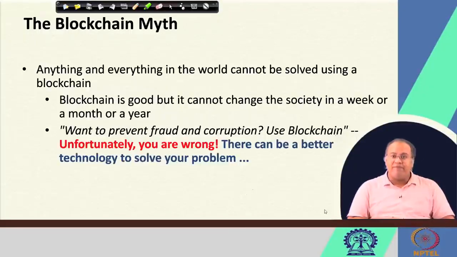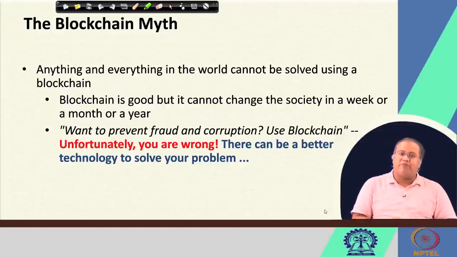And at the same time, the second myth that we have around blockchain is that anything and everything in the world can be solved using blockchain. I keep hearing this kind of statement that whenever there is fraudulent activity or corruption, we can possibly utilize blockchain to solve that fraud or corruption. It is not like that.